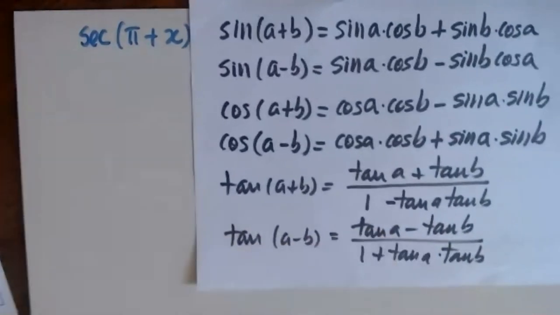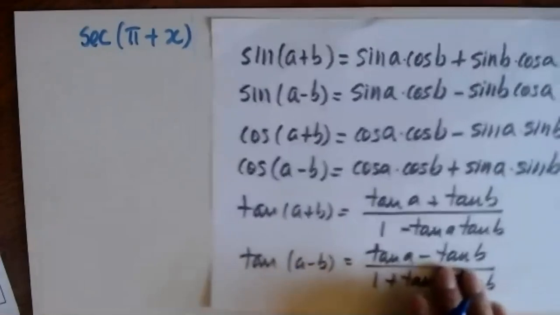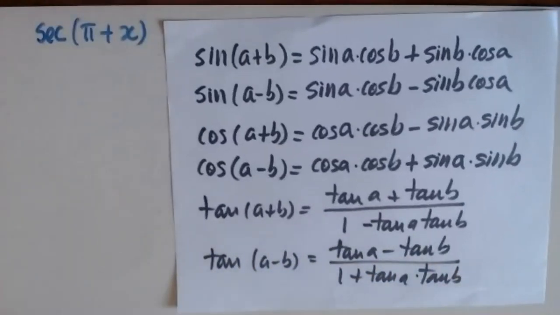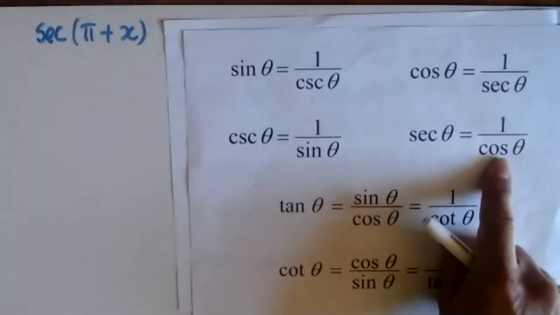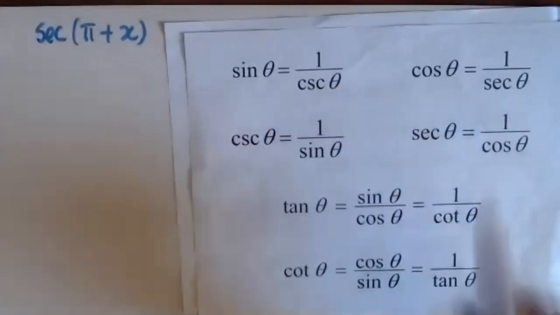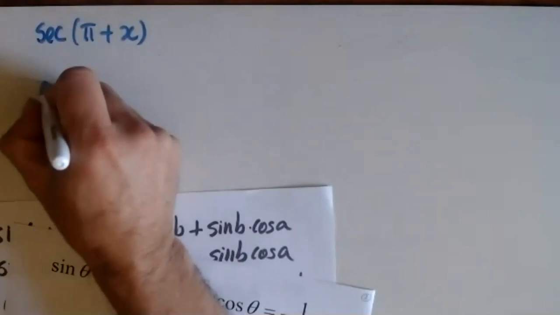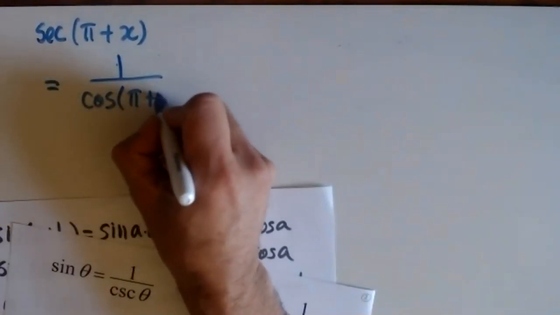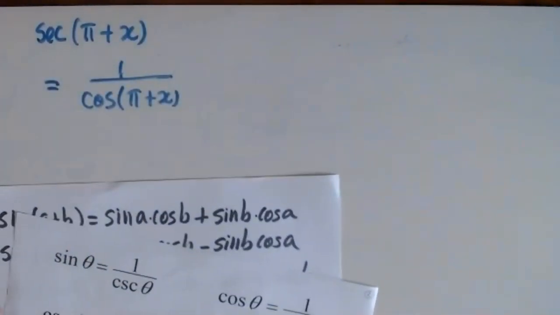So how can I break this one down? Well, I know that the secant is the reciprocal of the cosine, or secant is 1 over cosine. So I'm going to use this one first. So this is 1 over cosine of pi plus x, correct?